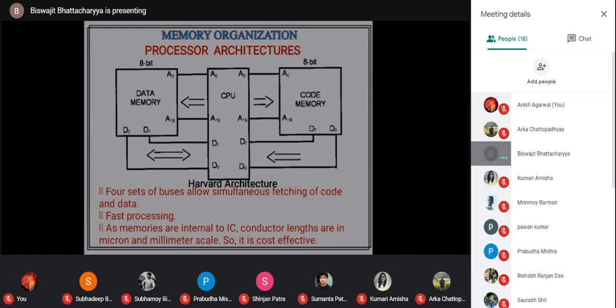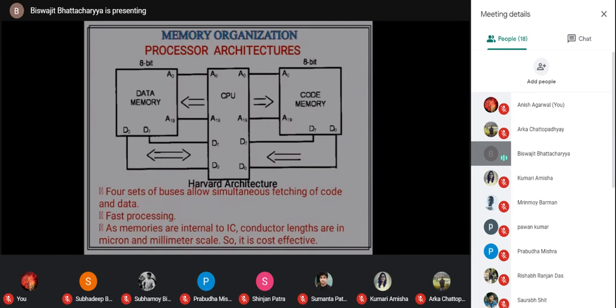One address bus will select only the location of the program, the address of the program. Another address bus will select the location of the desired data.